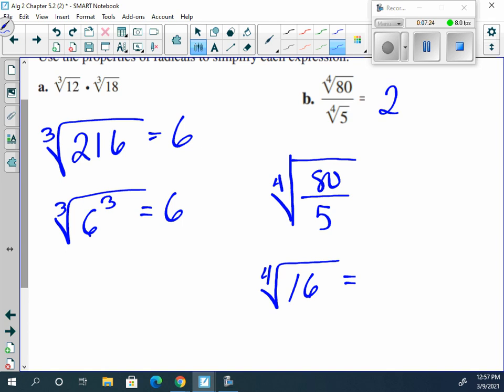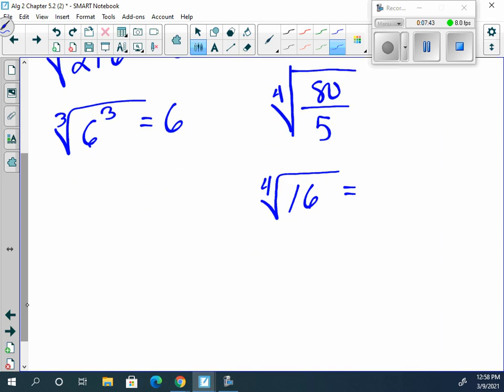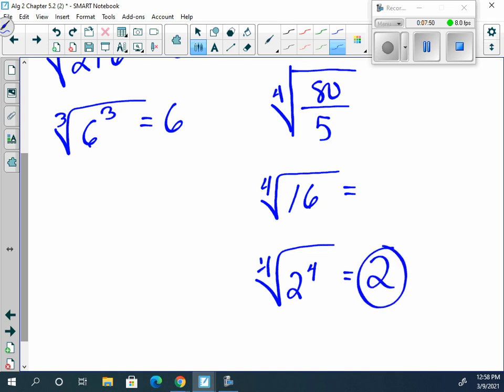Right, if we can see the perfect cubes and see how they work, we can pull them out, and it's easier to work with. But sometimes it's not as easy to see what all the perfect cubes are, especially our 4th degrees. Now here, 16 is 2 to the 4th, which would give us 2. So it worked out here.